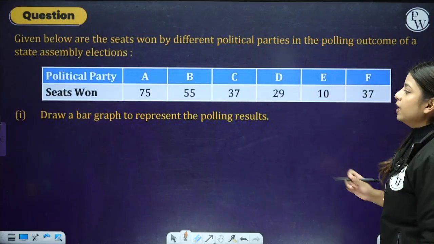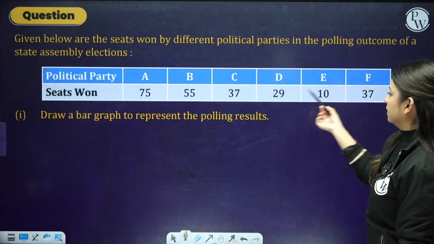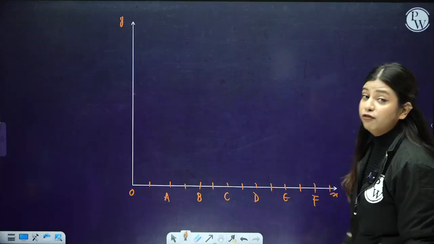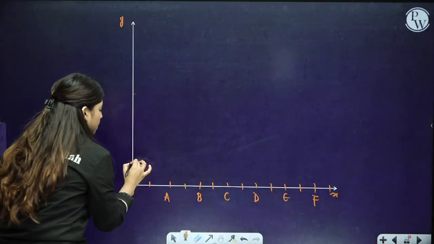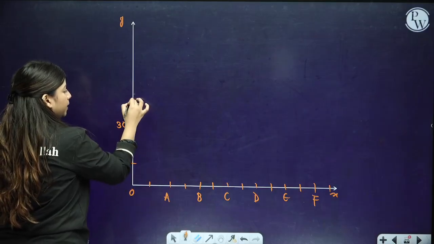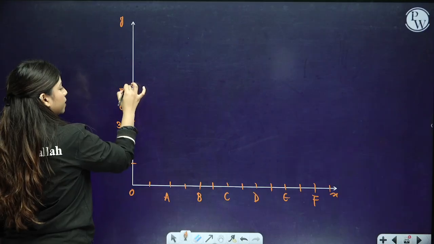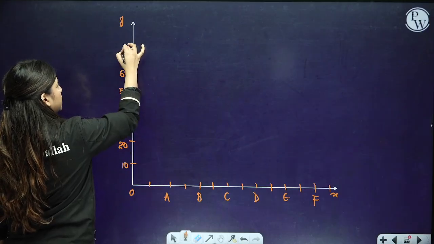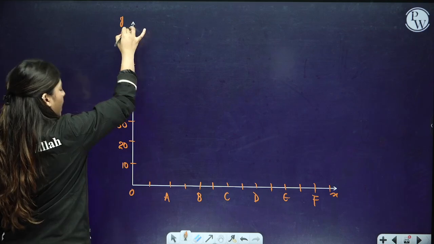Now let's take what scale we can take. So we can take a scale of 10. So over here 10, 20, 30, 40, 50, 60, 70 and 80.